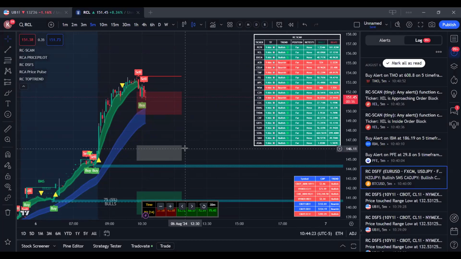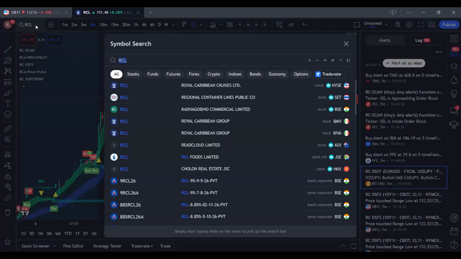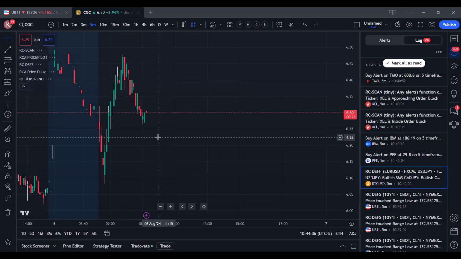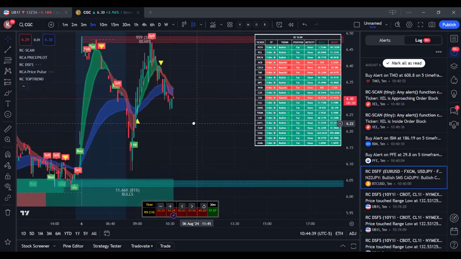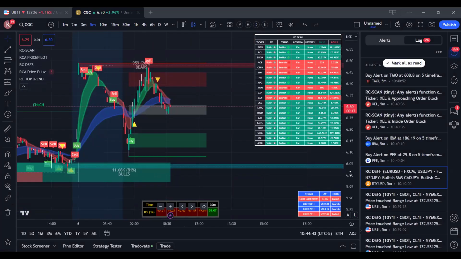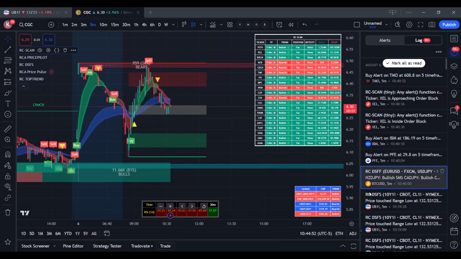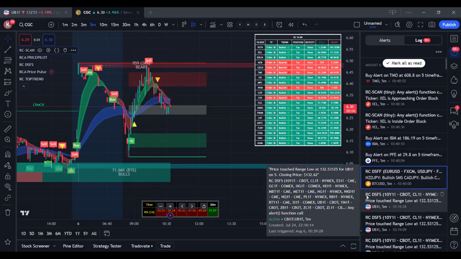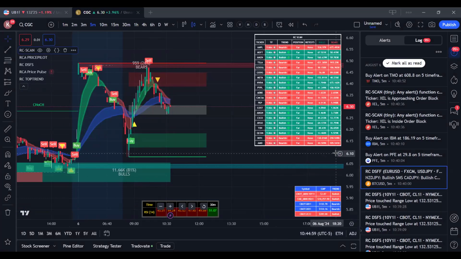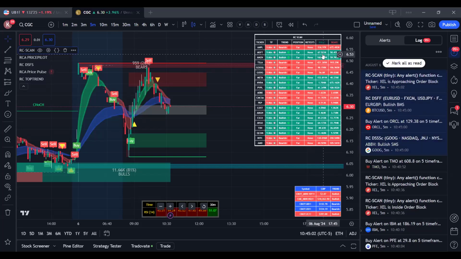A lot of wheat stocks are moving good today, like CGC. Amazon is looking more bullish.